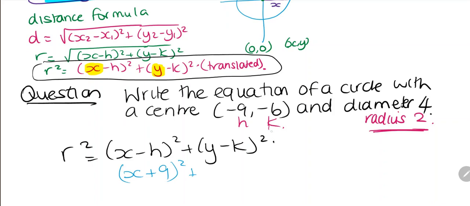And then our k value is -6. But we want minus k. So it's going to be -6, which is plus. So it's going to be y plus 6 squared. Now the radius we worked out is 2, so that's going to be 2 squared.